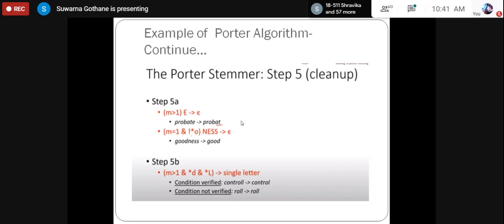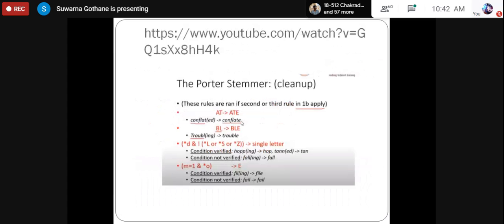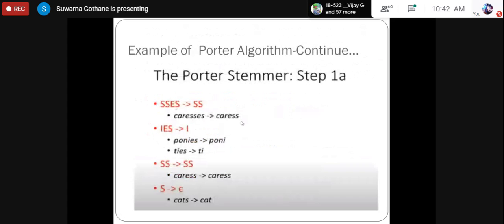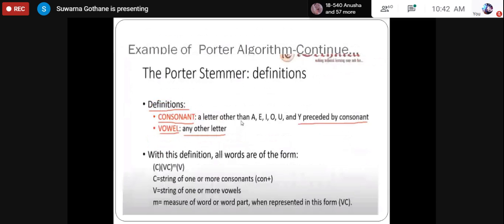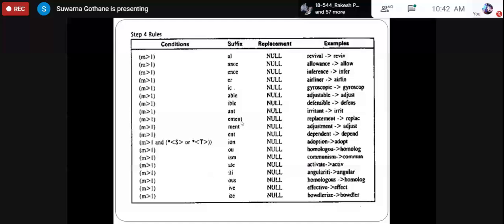This particular combination of step 1 to step 5 that we have seen is nothing but the Porter stemmer algorithm. You can't just write it like that as in the earlier slide we saw somewhere.